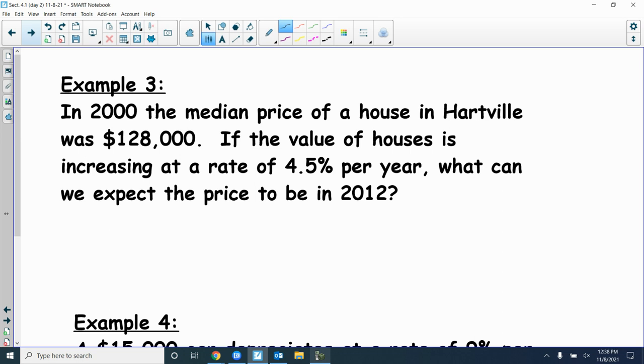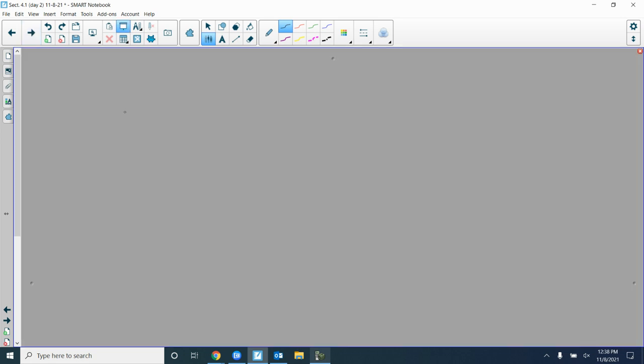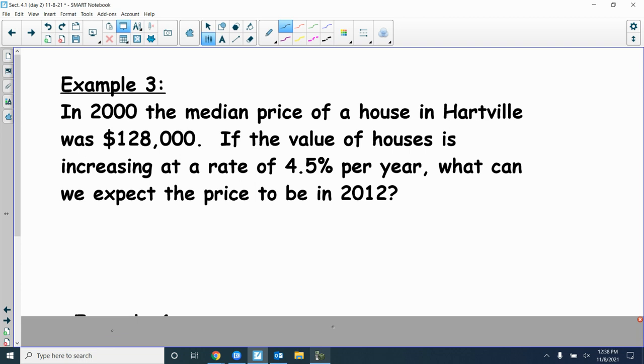So think about this. How would I use N, even though it doesn't say compounded monthly or quarterly? N would be a certain value. What would it be in this case? Because it's increasing at a rate of 4.5% per what? Year. So N is what? 1.